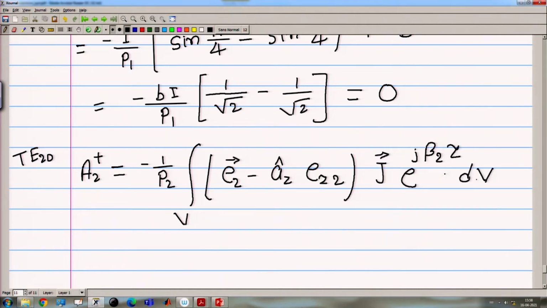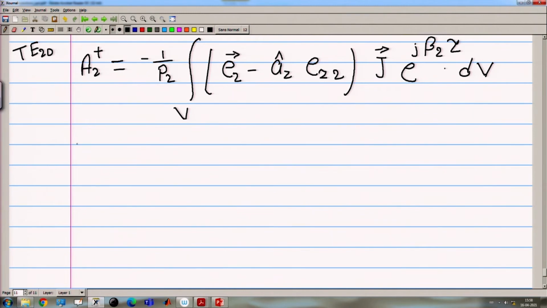Now, we can substitute the value of E2, and Ez2 will be 0, and after substitution it will be minus of 1 upon P2.